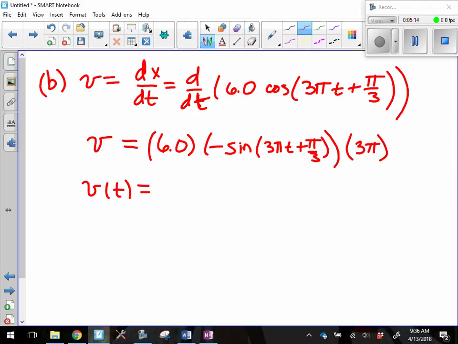So there's a lot of factors running around here, so I would rather rewrite it. This is going to give me negative 18 pi, because I've got my 6 and my 3 pi, times the sine of 3 pi t plus pi over 3.